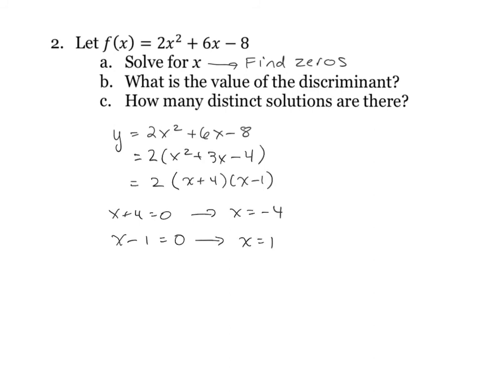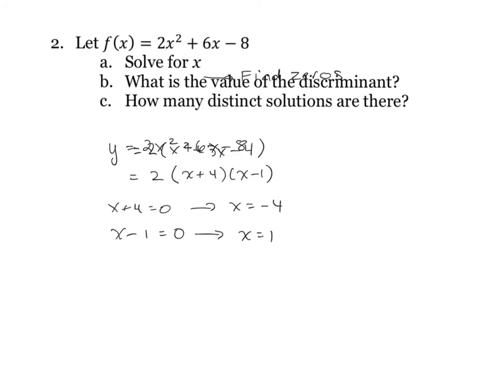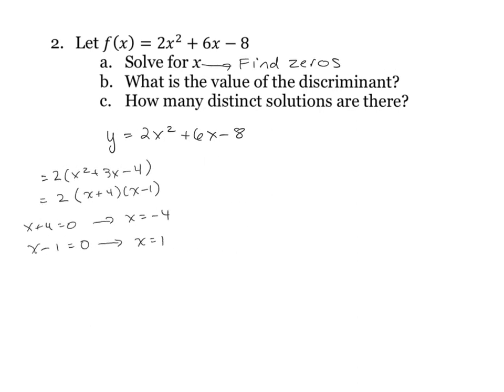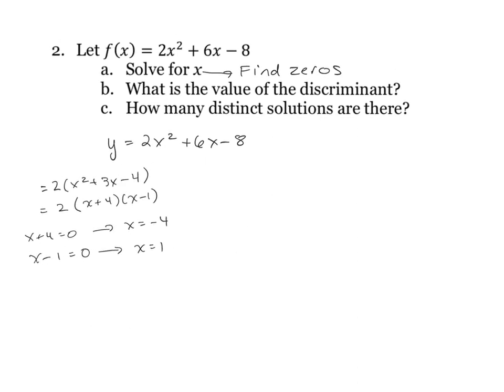Great. So now, what's the value of the discriminant? We know it's going to be greater than 0, but let's figure out what it actually is. Okay, let's just move this out of the way, and we can find our discriminant.